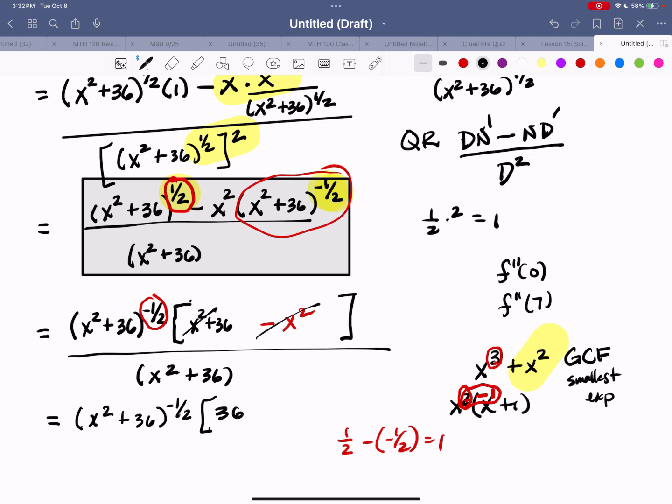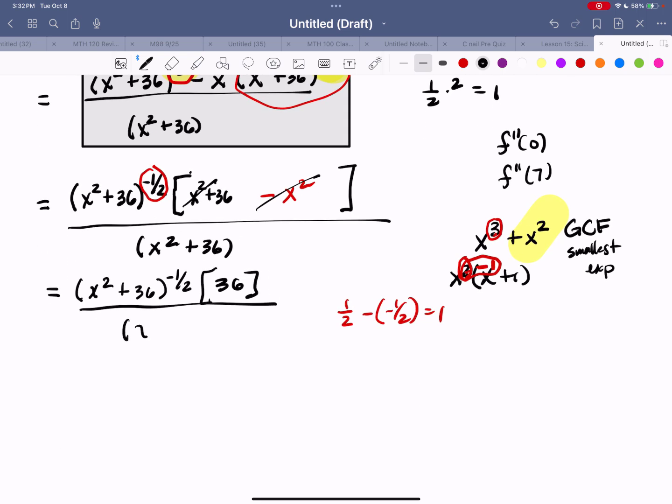That's a 36 over x squared plus 36. And now I'm going to take this negative exponent to my denominator. So the 36 stays on top. And I have x squared plus 36 to the positive 1/2 and x squared plus 36.